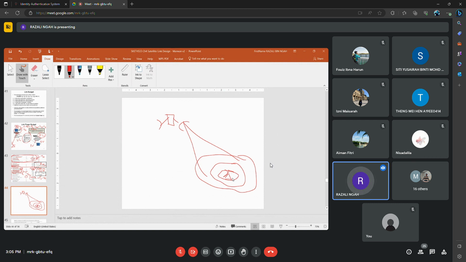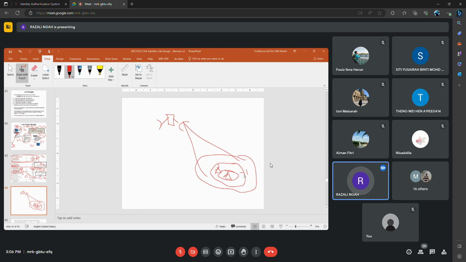Let's say in the next zone, we have a minus 1 dB contour. That means if you are in this zone, your earth station antenna is not really pointing to the satellite antenna. There is a little bit of offset.